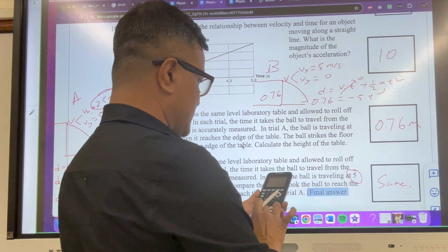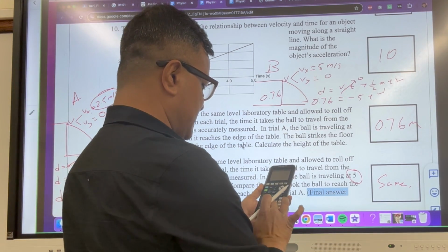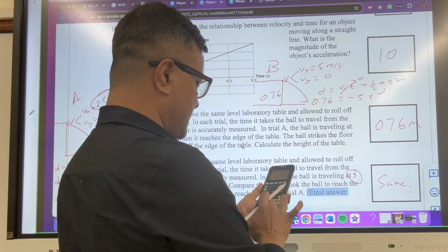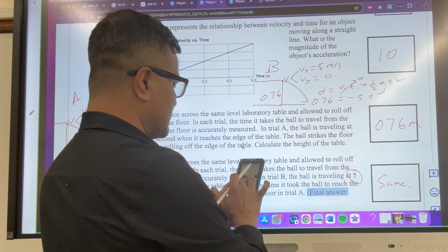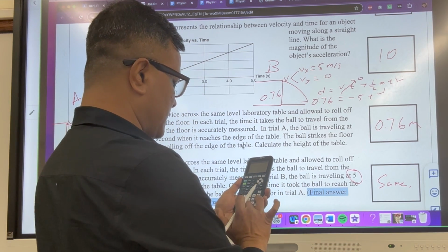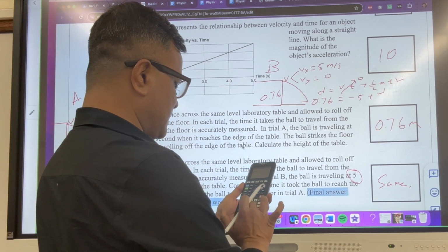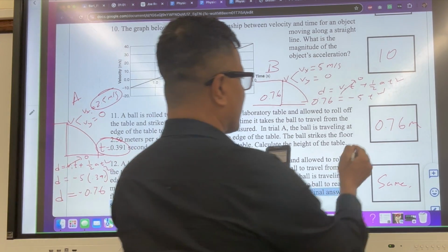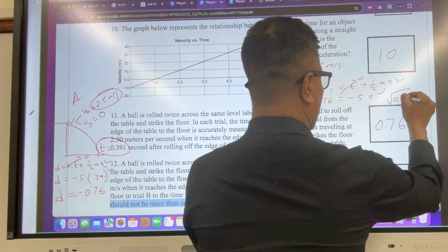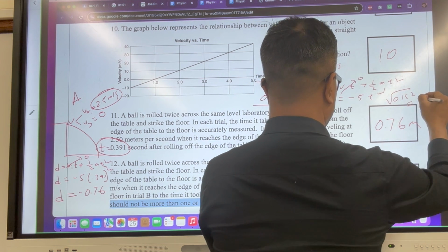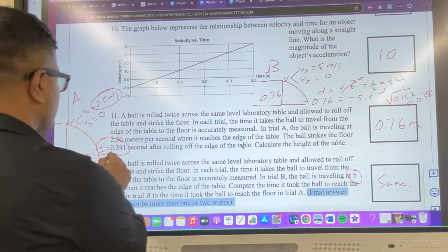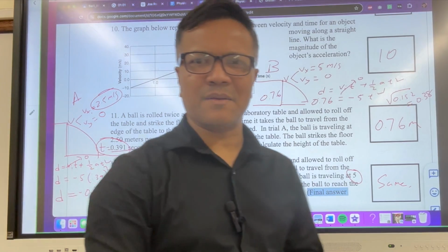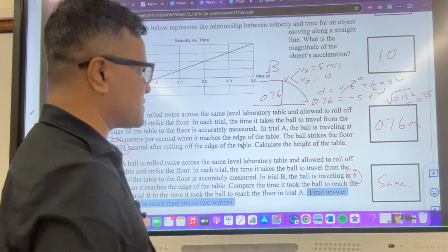So 0.76 divided by 5 gets 0.152, and the square root of 0.152 gives you 0.39. And that's the same thing. It takes the same time. Okay, good, because I rounded the decimal.